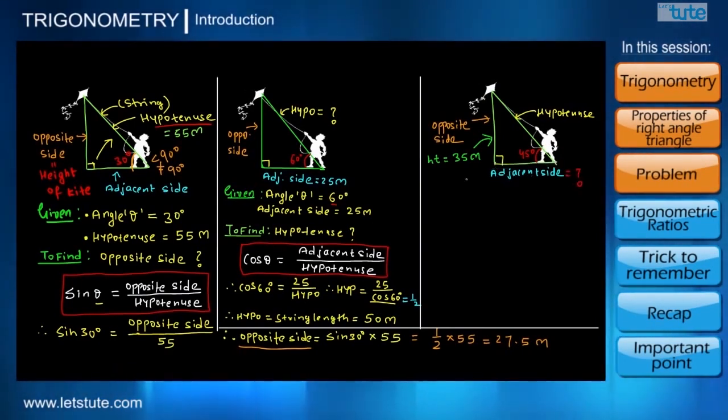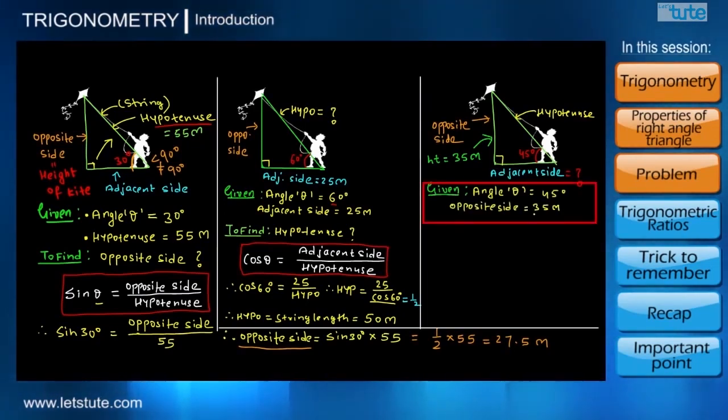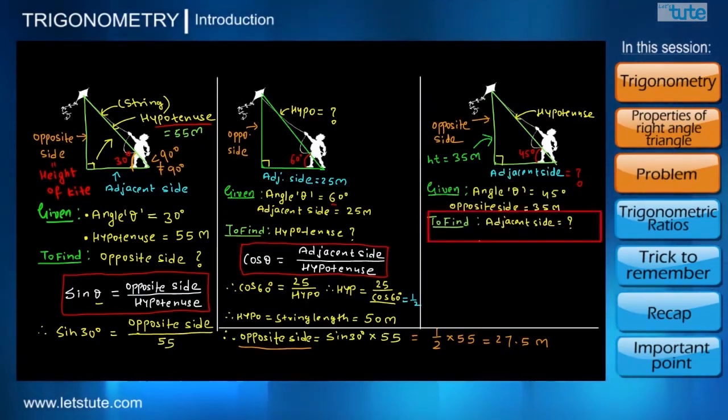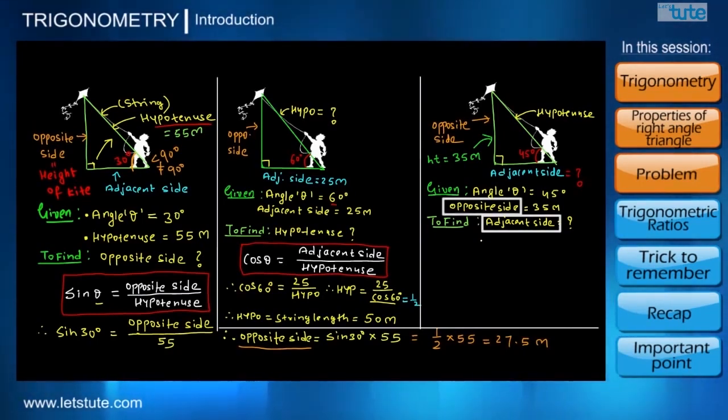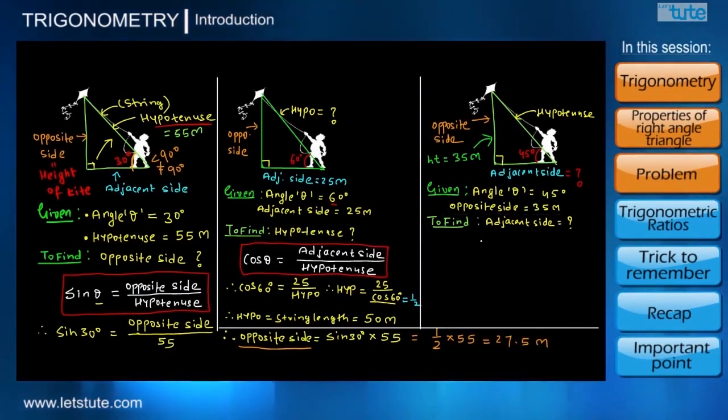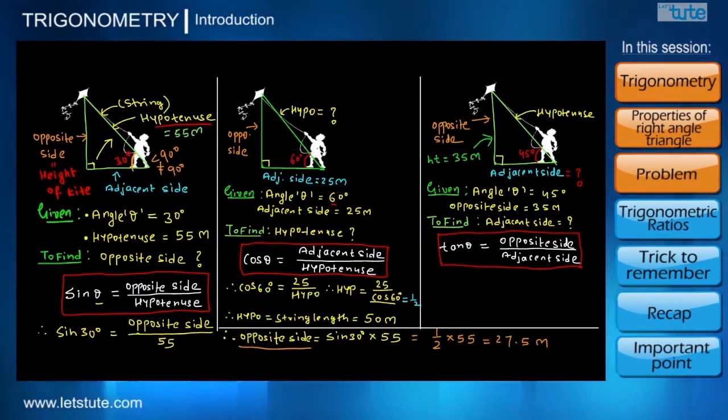So in the cases where we know the angle and opposite side and we want to find out the adjacent side, remember that when the problem deals with finding the adjacent side or opposite side and one of the values is given, then for the given angle we use the formula tan theta is equal to opposite side upon the adjacent side. Since theta is 45 degrees, in this case I can write tan 45 is equal to 35 upon the adjacent side.